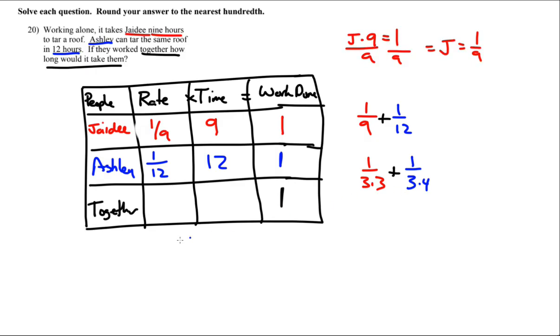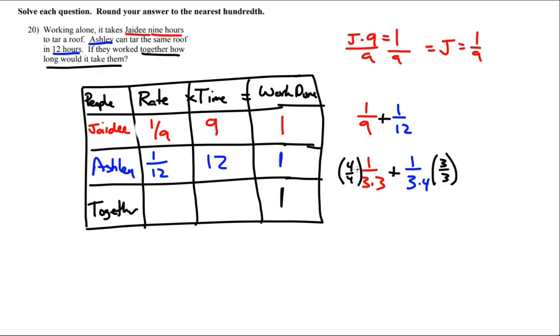So they both have a 3 in them. So if I end up multiplying this one by 4/4 and this one by 3/3, I should be able to get this common denominator.